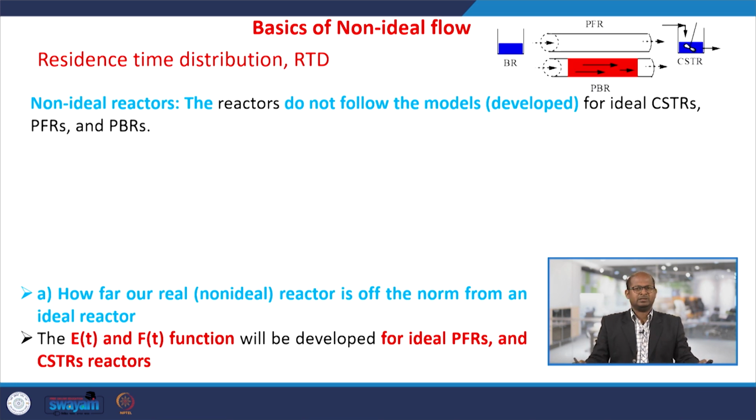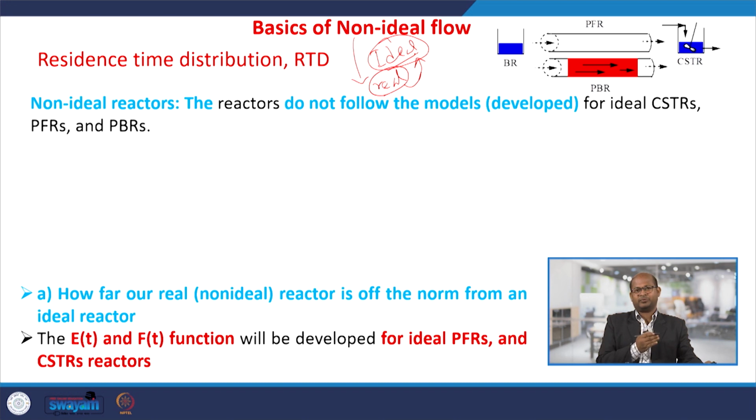Whatever reactor we design or fabricate is a real reactor. So how does the real reactor deviate from the ideal reactor? Non-ideal is the real reactor that does exist, and ideal does not exist. Whatever reactor we develop, design or fabricate should be close to ideal.